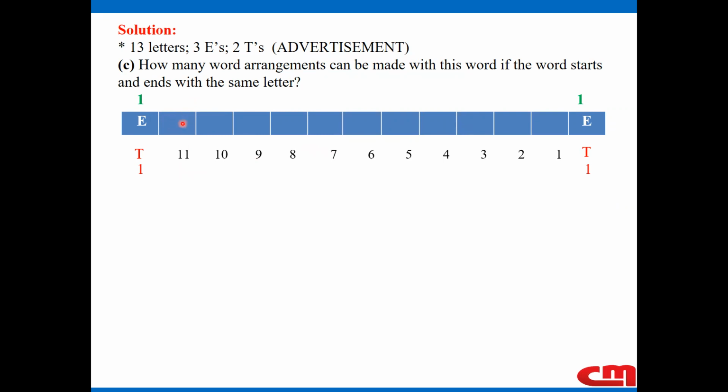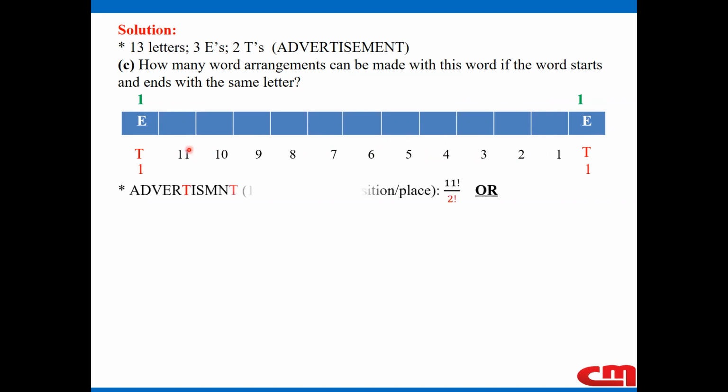That means I have 11 choices. Once it's filled, I go to the third position, 10. Once it's filled, 9, and so on up to 1, right? This is how we can fill the other 11 positions, be it the case that we have E starting and ending, or T starting and ending. The other 11 positions are filled in this manner.